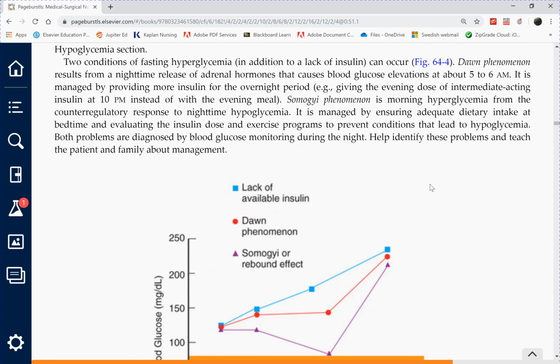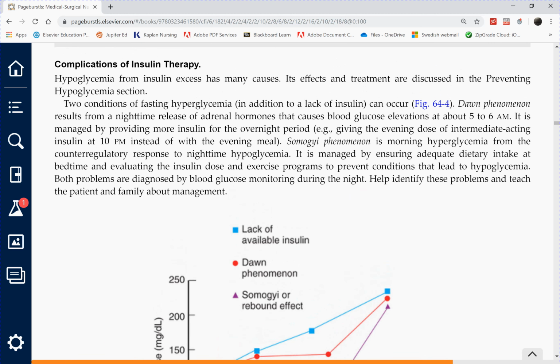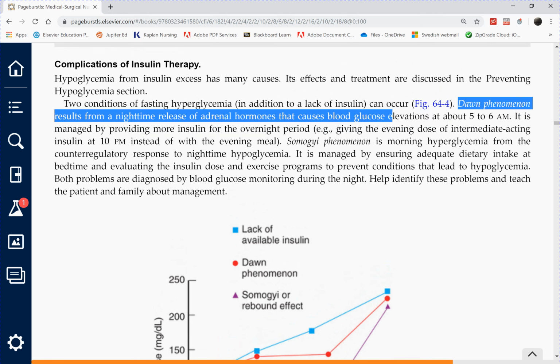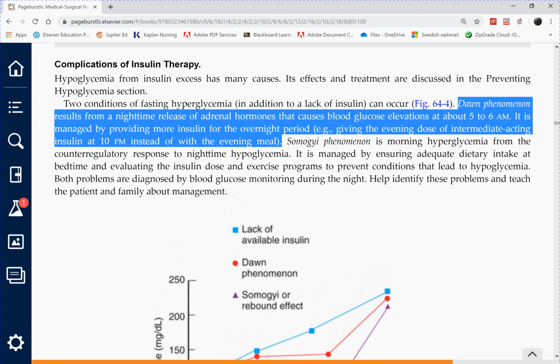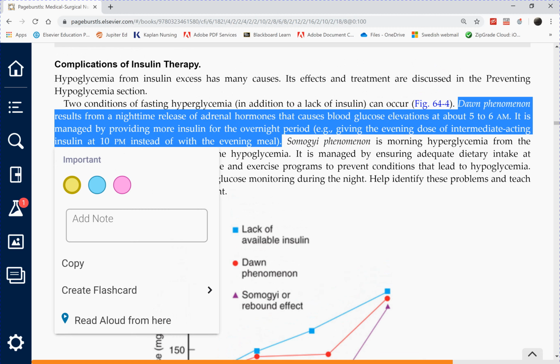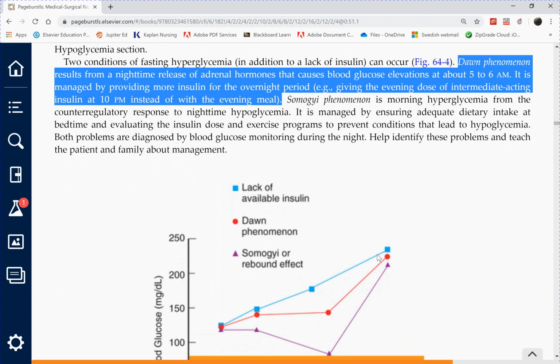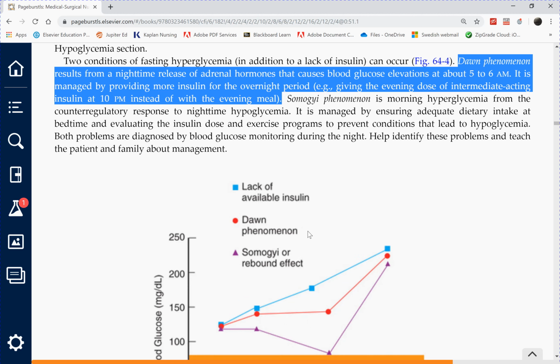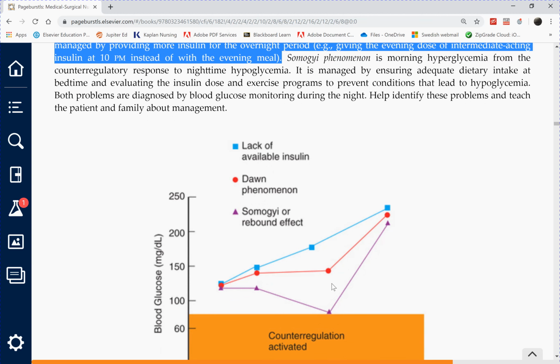Now, as stated here, Dawn phenomenon is a result of the nighttime release of adrenal hormone, meaning there is obviously not enough insulin to hold them until morning. So that's why the recommendation here is to give the evening dose of intermediate insulin, which is NPH, at 10 p.m. instead of during the evening meal.